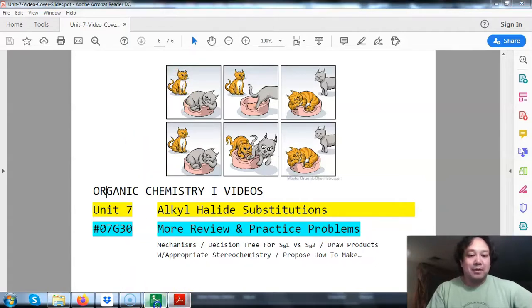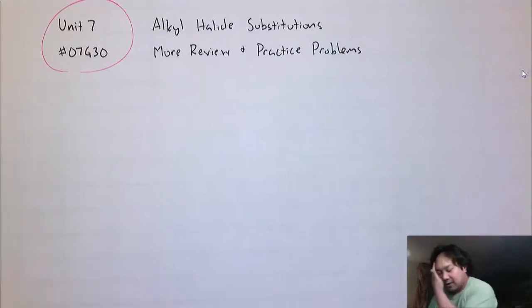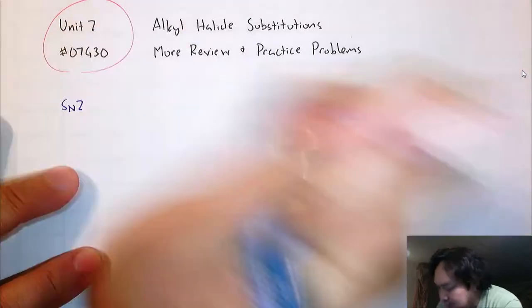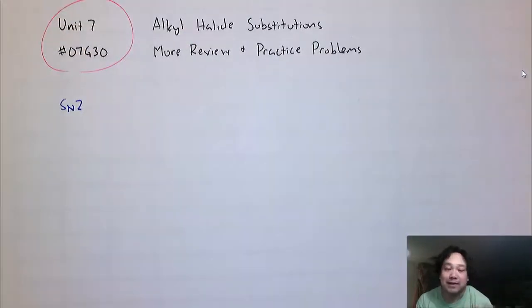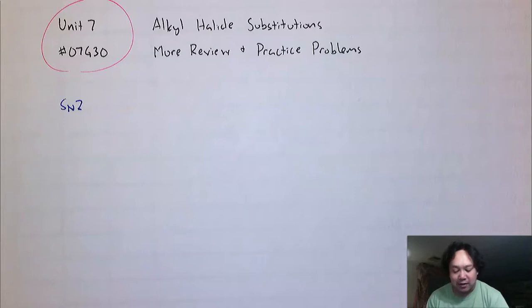Okay, but let me show you that real quick, and we'll do SN2 first. We've done this mechanism many times, but each time I'm going to try to give you a new nucleophile so you get used to all the different nucleophiles that can be used in a substitution reaction.